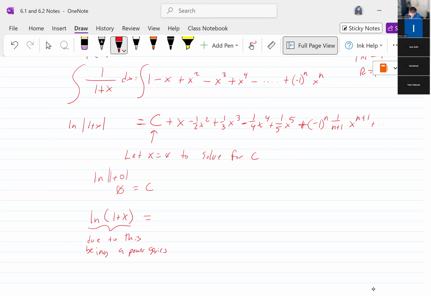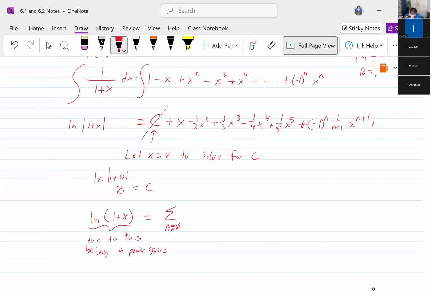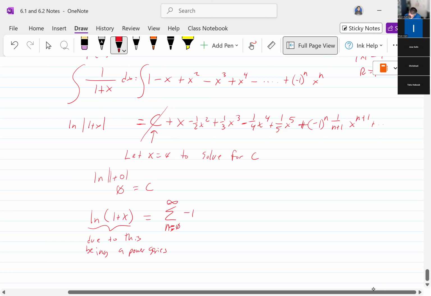Okay, we're going to say the natural log of 1 plus x is equal to, the constant is gone. We now have this pattern, x minus 1/2 x squared and so on. So we know that this is going to be the summation. I'll start at n equals 0 and try to build this. So n equals 0 to infinity of negative 1 to the nth power. Does that work? My first term is positive.